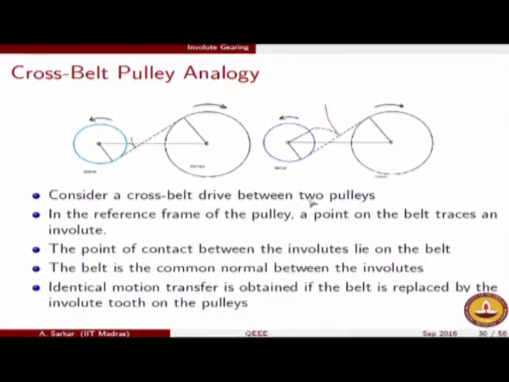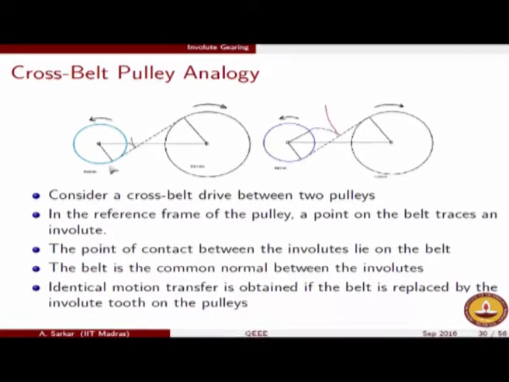And now what we will do is that we will cut off the belt, and we will say instead of the motion transfer occurring through the belt, let there be a force which one pulley gives onto the other. So let's say the blue pulley is giving the force onto the black pulley.